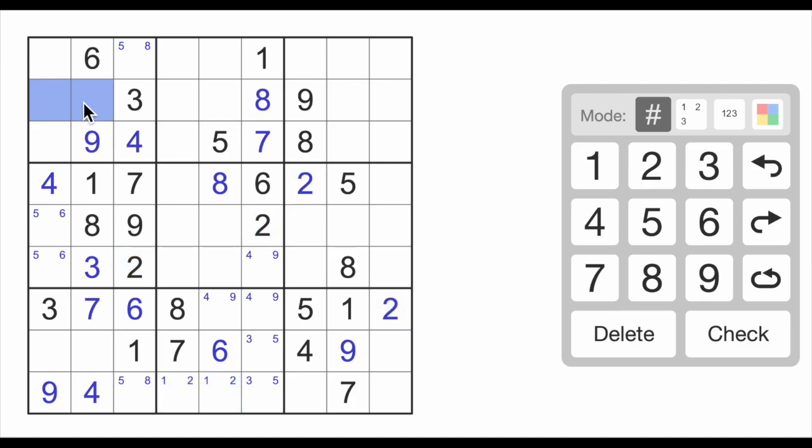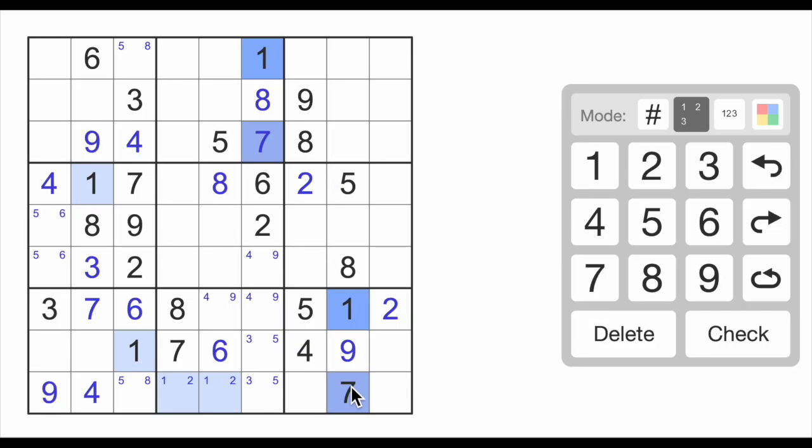Oh, right, and now looking at row 2, there's a double on row 2. It's a double of 1 and 7 because box 2 has 1 and 7, column 8 has 1 and 7, and column 2 has 1 and 7.